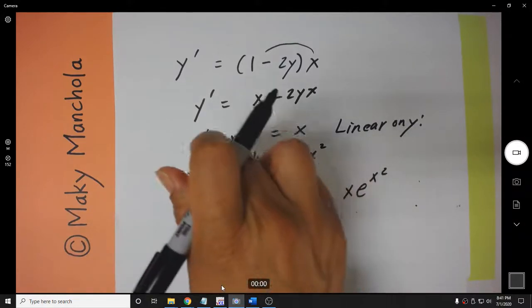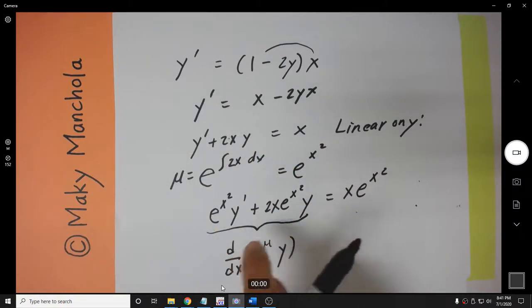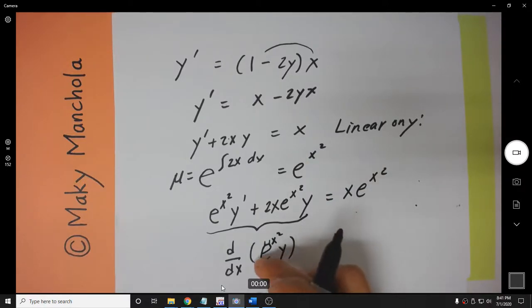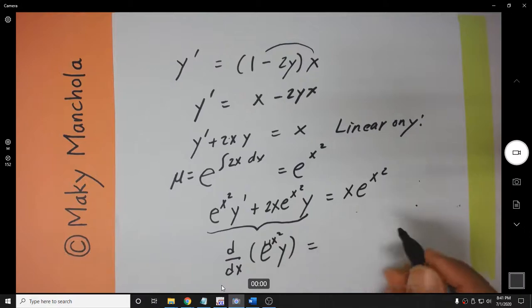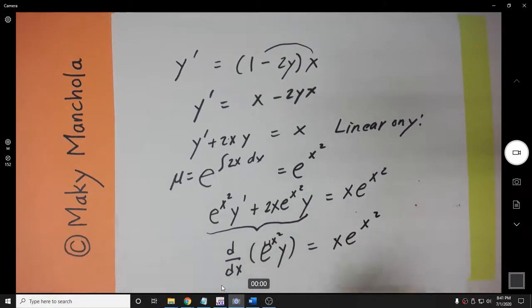Mu in this case is the derivative of mu y. But mu, we know, is e to the x squared. So that's my mu, that's my y. This is the function x e to the x squared. Okay, now we want to separate the variables.